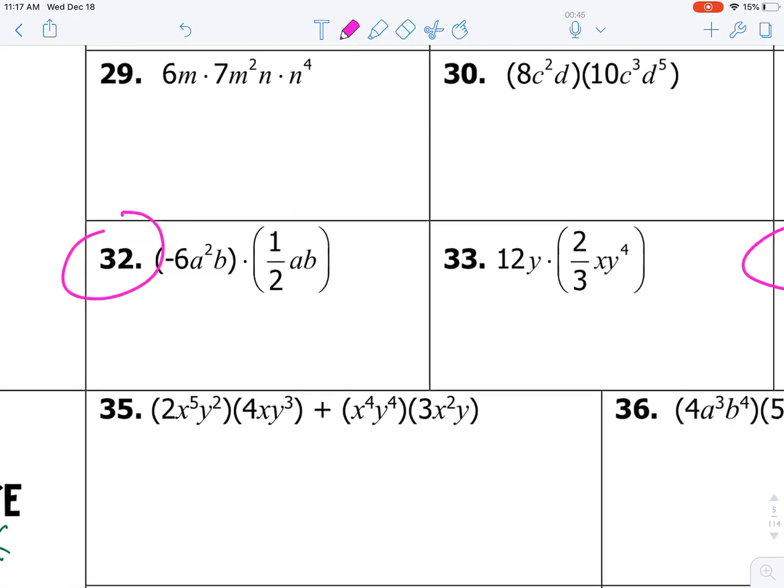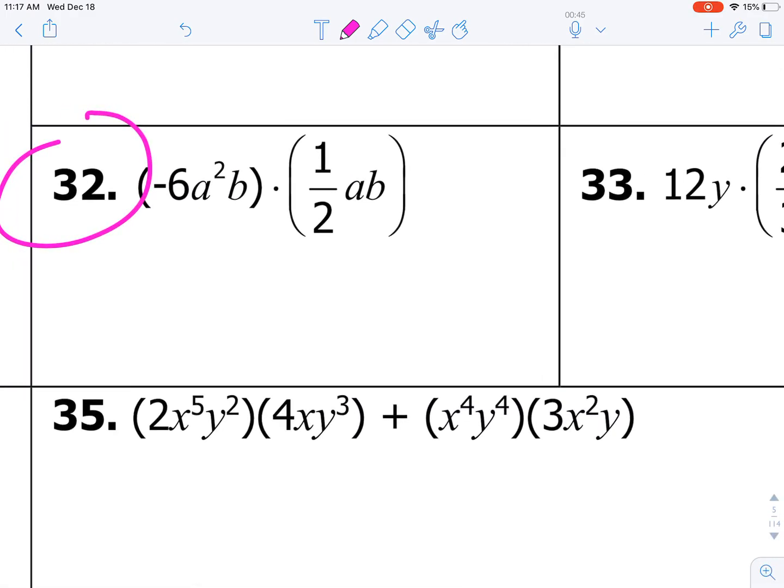Okay, now we're into a level 4, the fraction ones. Okay, so we're going to multiply the numbers. 6 times a half, or negative 6 times a half. So when we multiply it by a half, it's the same as dividing by 2. If you can't memorize that rule, I would just go negative 6 times 1/2, and then make this negative 6 over 1.